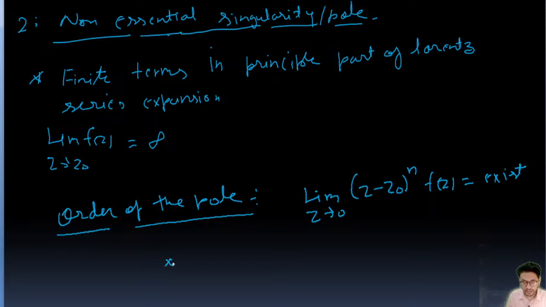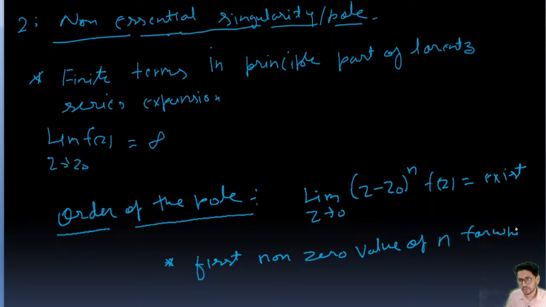And the main point is this: we take the first non-zero value of n for which the limit exists. Very important point. I will explain it by example.